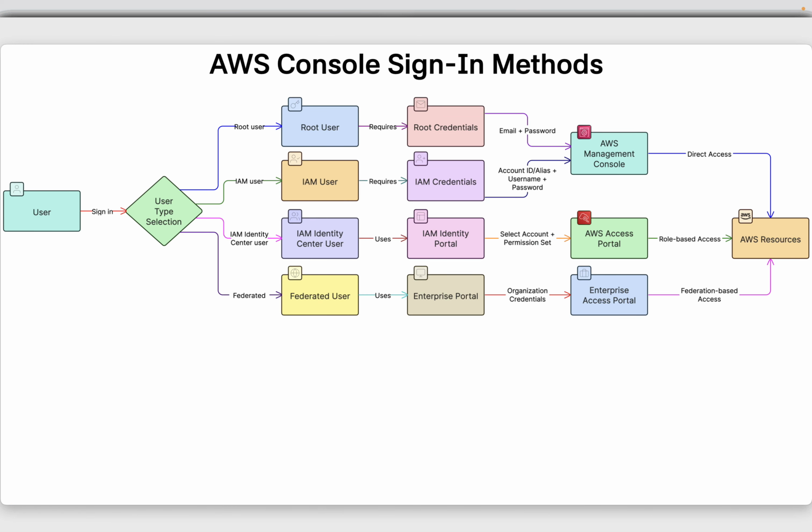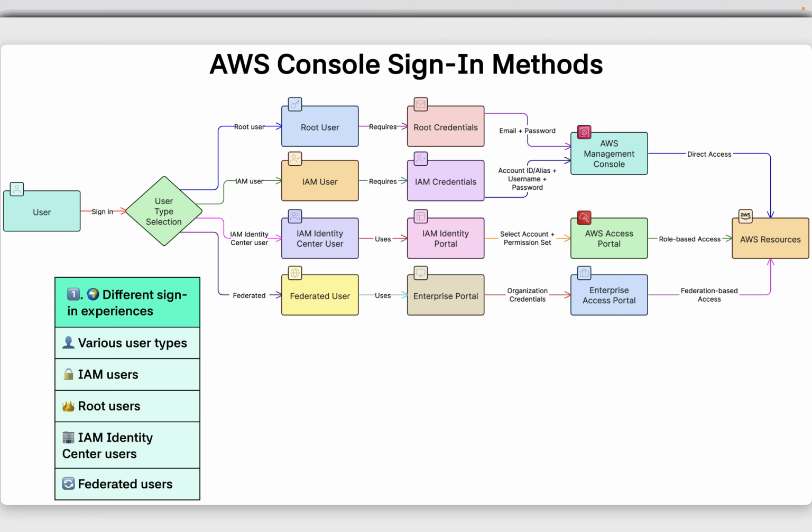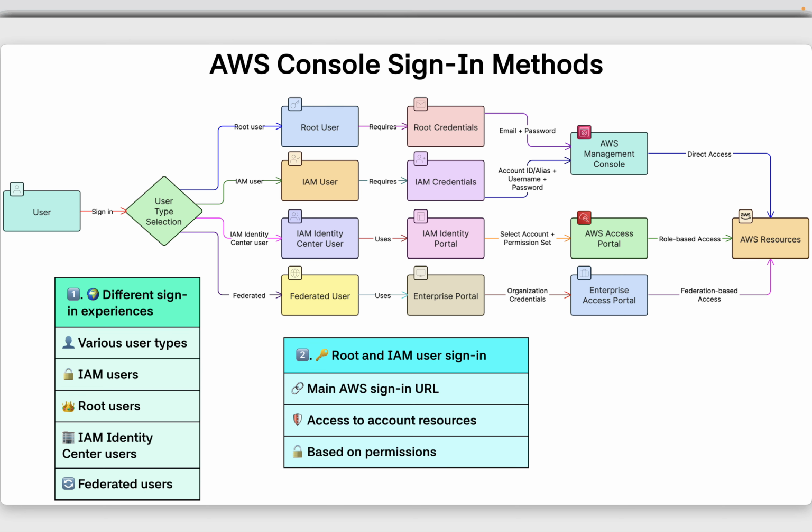AWS console sign-in methods. Different sign-in experience. The AWS Management Console offers varied sign-in experiences for different user types, including IAM users, root users, IAM Identity Center users, and federated users. Root and IAM users sign-in.